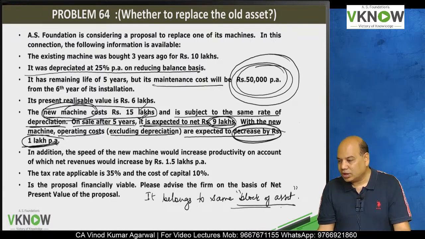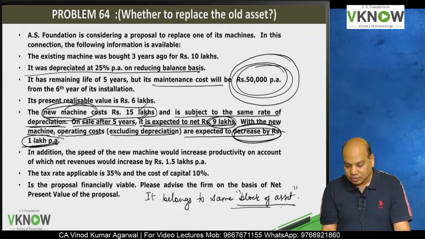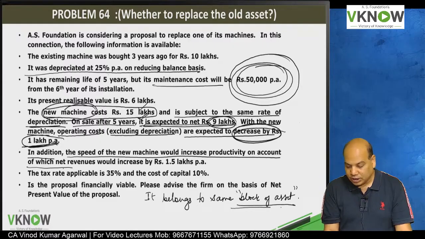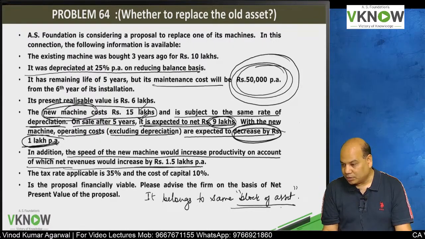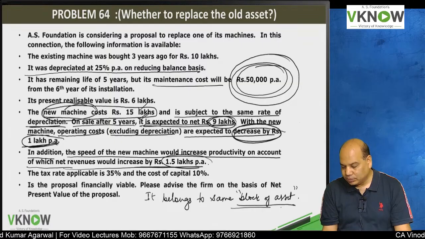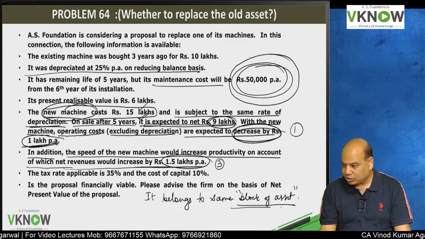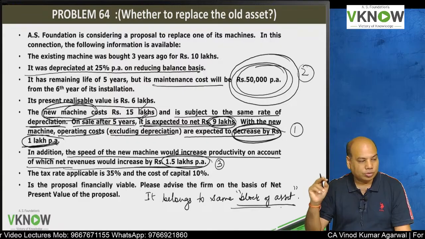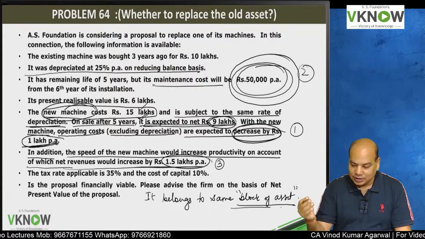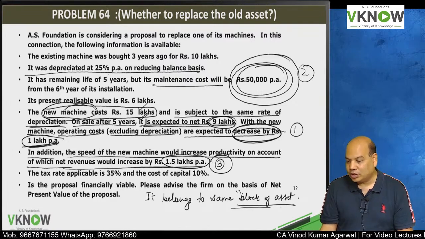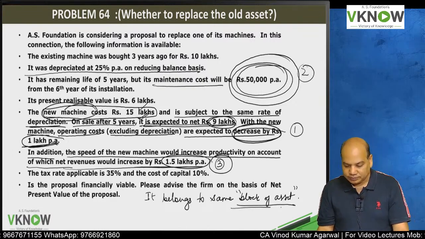And one more benefit: the speed of the new machine would increase productivity, on account of which net revenue would increase by 1.5 lakh per annum. Benefit number 3. First benefit, operating cost will reduce. Second benefit, maintenance cost of old machine is saved. Third benefit, the operating revenue will increase by 1.5 lakh.